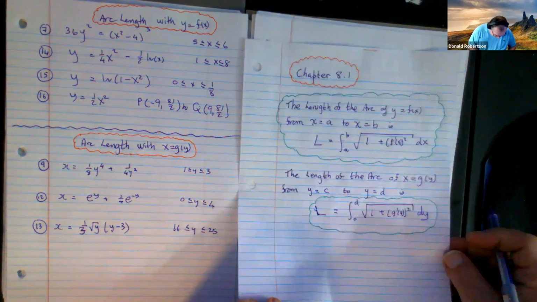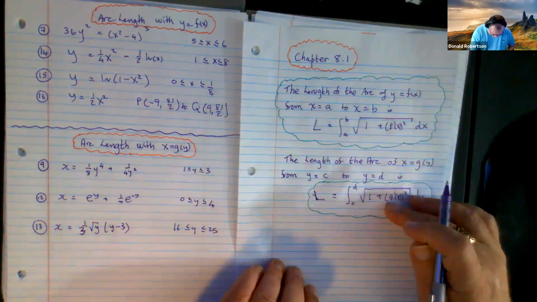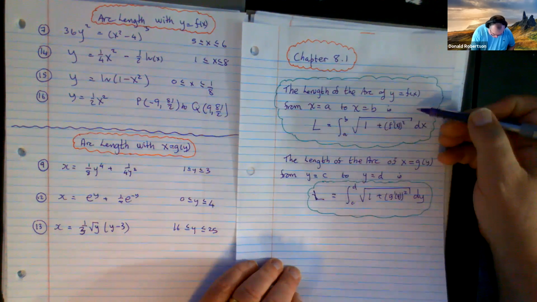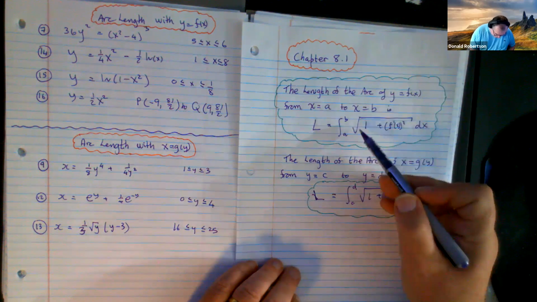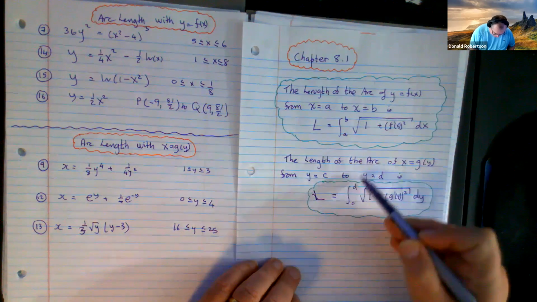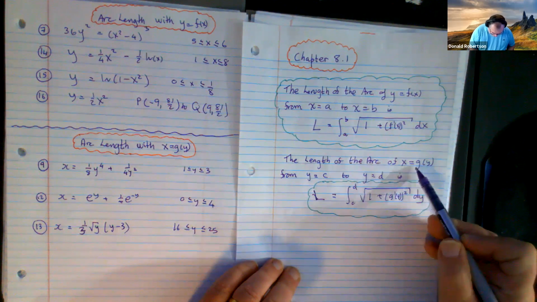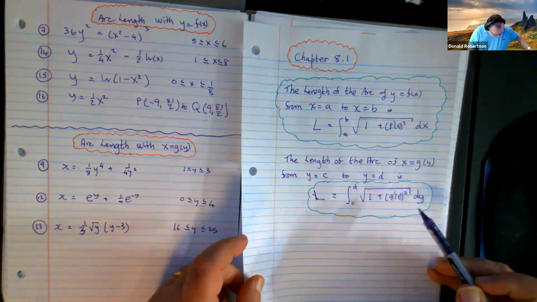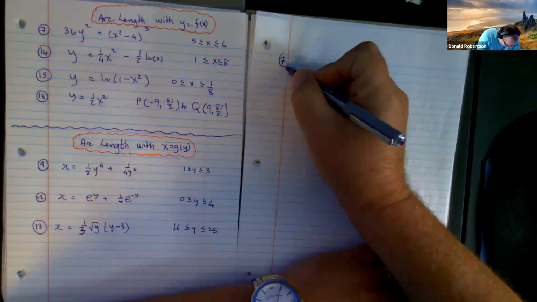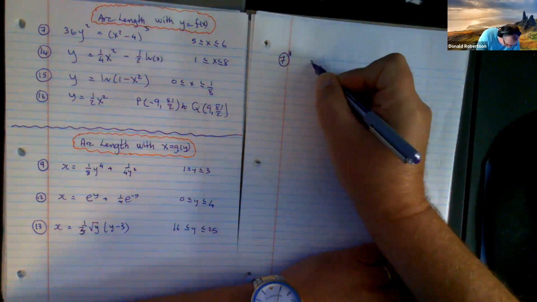So these are our equations for a shape in the form of y equals f of x, and we're going to get its arc length. And this is the equivalent if it was x equals a function of y, and you also wanted to get its arc length.